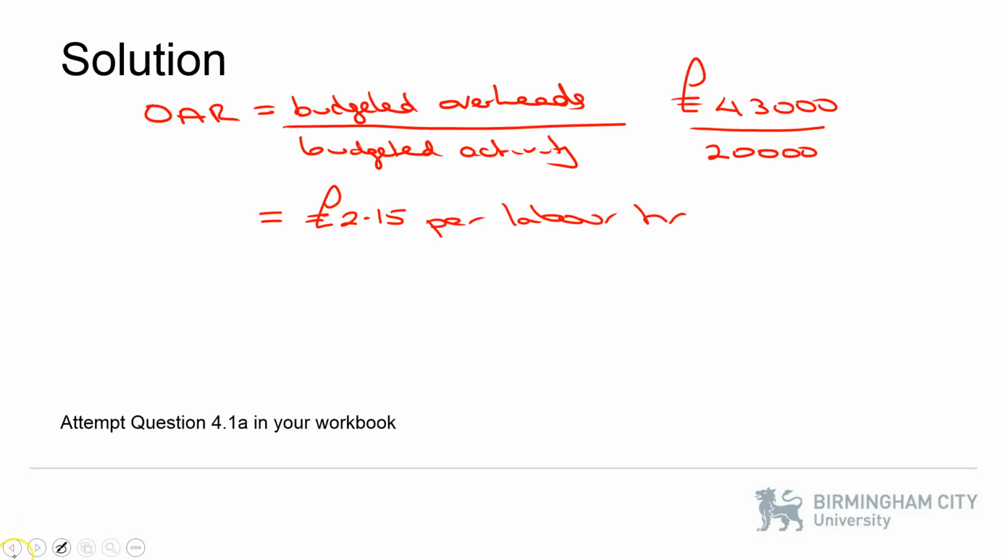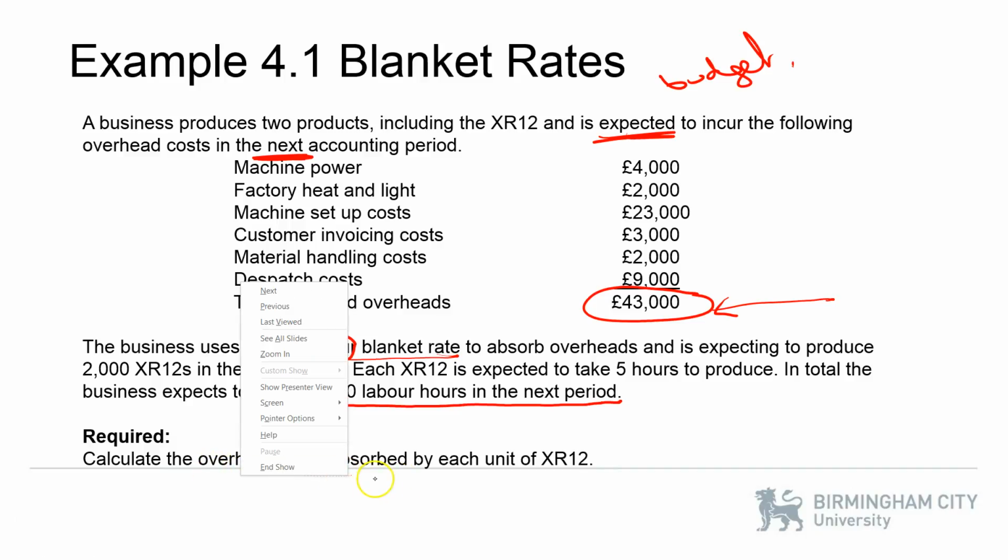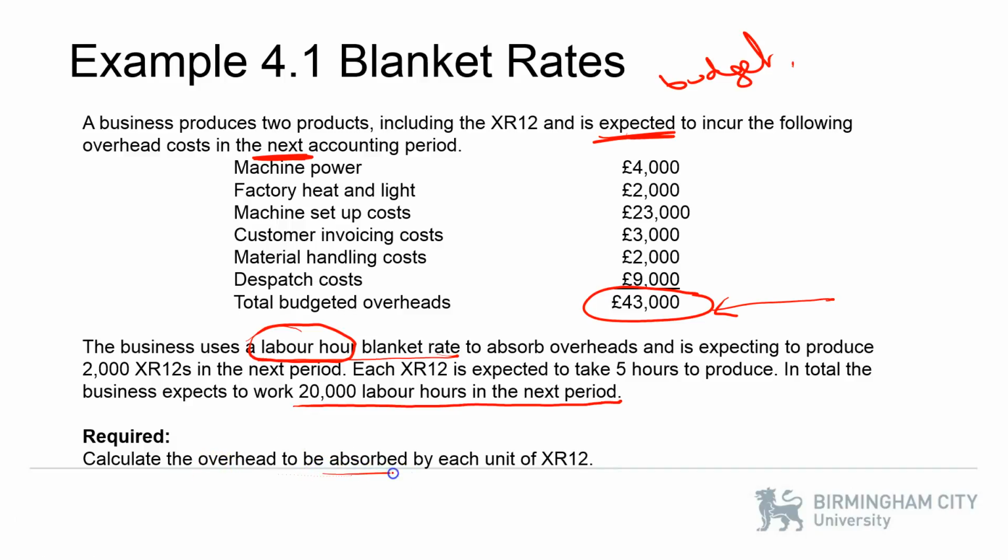Now if I just go back to the previous slide, we were asked to calculate the overhead to be absorbed by each unit of XR12. Remember, absorbed means to add. So what is the amount of overheads that we will add to the prime cost for each XR12?